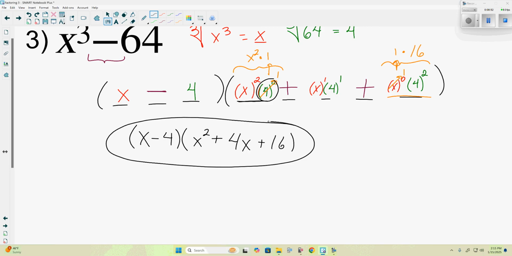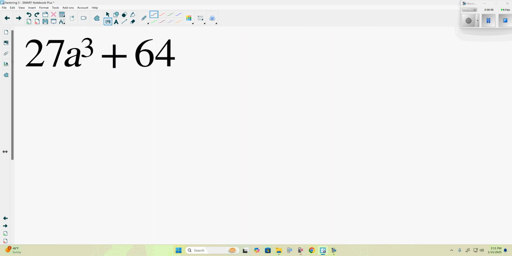Questions on this here? We ready for the next one? 27a cubed plus 64. So again, the first big question is, do we have 2 perfect cubes? And we can find that by taking the cube root of both terms.